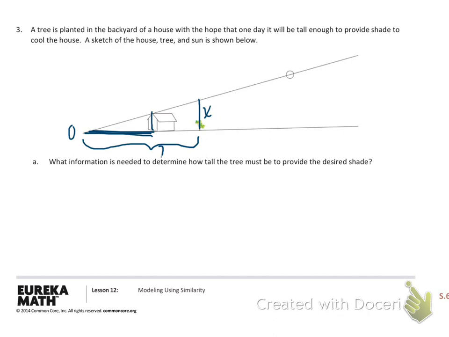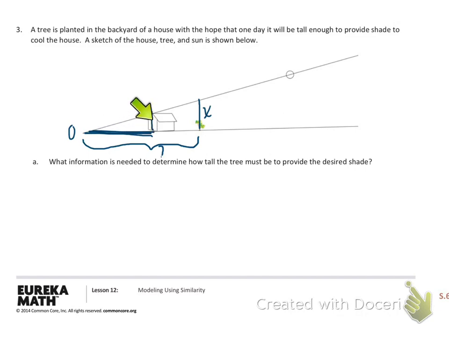By knowing the distance from the tree to the end of the house's shadow, and knowing the length of the shadow, we have measurements for a pair of corresponding sides on this triangle.